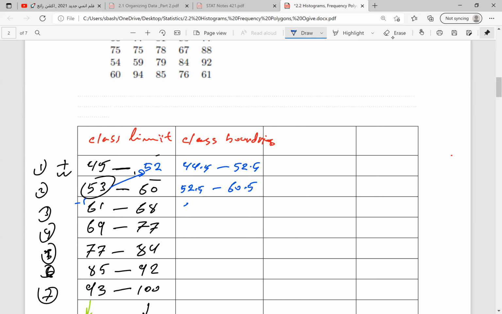Next one will be 60.5 to 68.5. You can see the upper limit is the same as the lower limit of the next class. Upper limit for the second one is the lower limit for the third one. So in this way, we will have continuous classes.